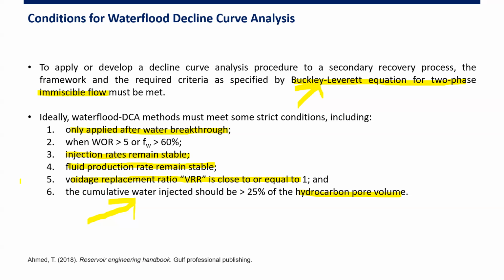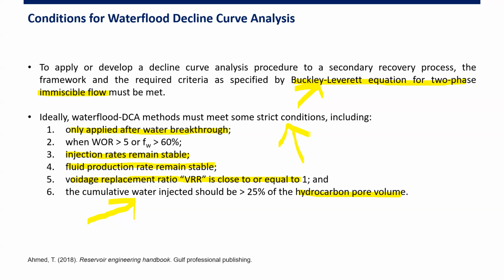Okay, more or less. You cannot be very strict actually in reservoir engineering. All right, there we have an abundance of uncertainties. So it's good to follow these conditions, but maybe you can negotiate a little bit.